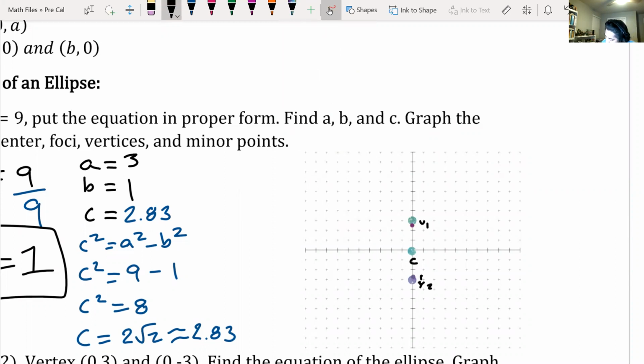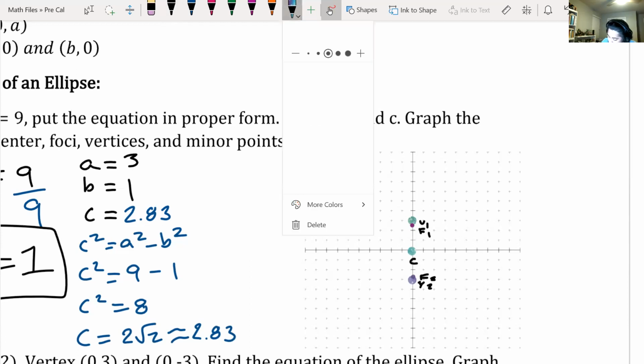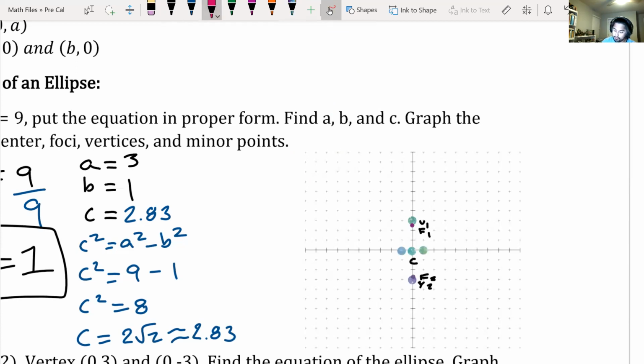So there's foci 2, foci 1. And then for my minor points, I just go out 1 to the left, 1 to the right. And we have the tiniest ellipse ever.